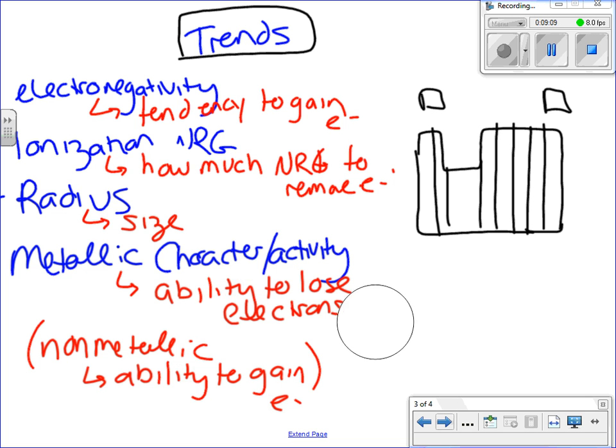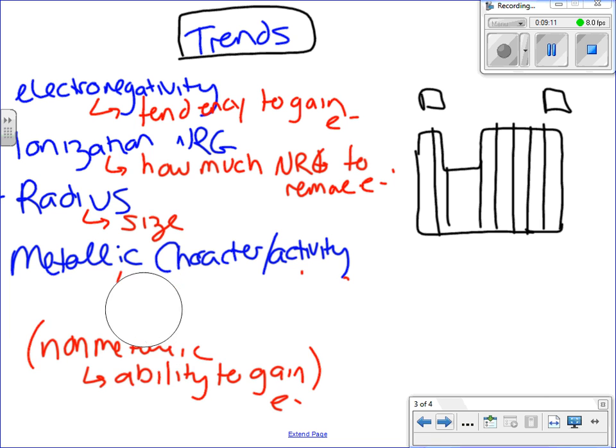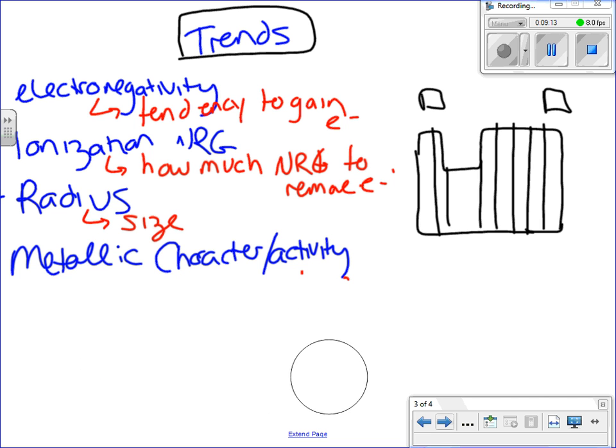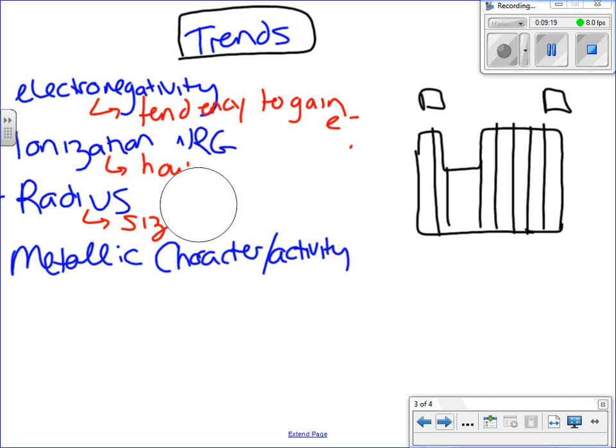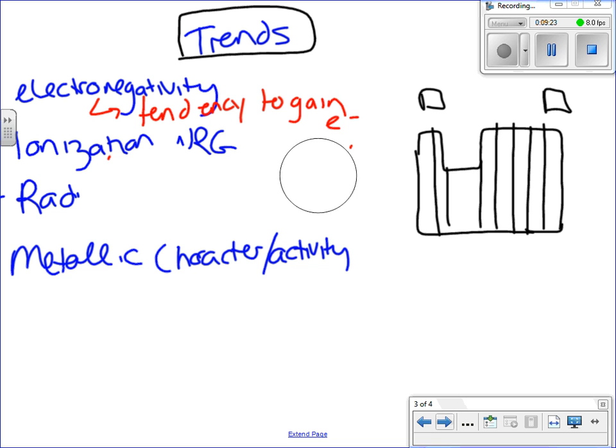So let's see if I can erase this red stuff and we can start talking about trends. All right. You'll know that rad is radius, and we'll go with that. Okay. So let's start with electronegativity.